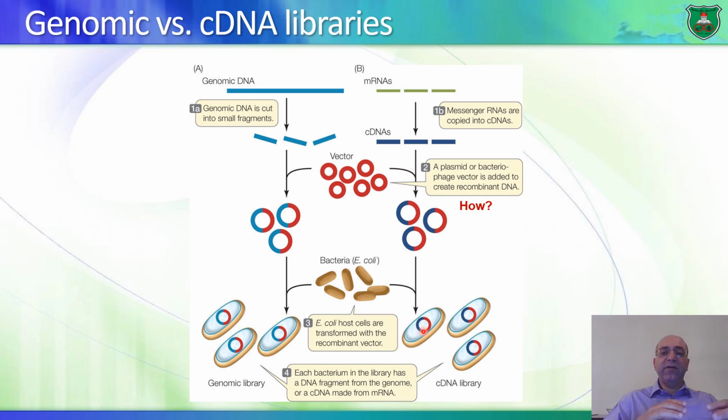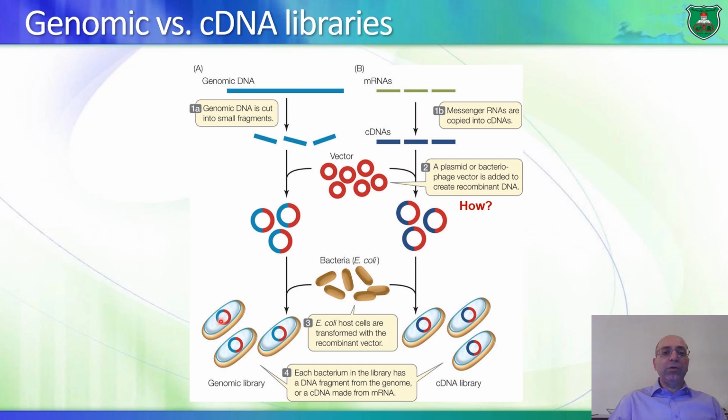Again, each bacterial cell would contain a specific gene. Great. Now, a difference between genomic DNA library and cDNA library is that in the genomic library, we have everything in the genome inside these plasmids. In the cDNA library, we have only genes.